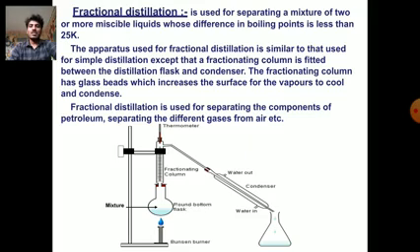The fractionating column has glass beads which increase the surface for the vapors to cool and condense. Fractional distillation is used for separating the components of petroleum and separating the gases from air, etc.